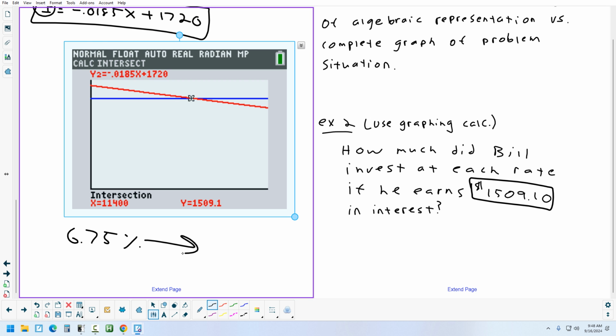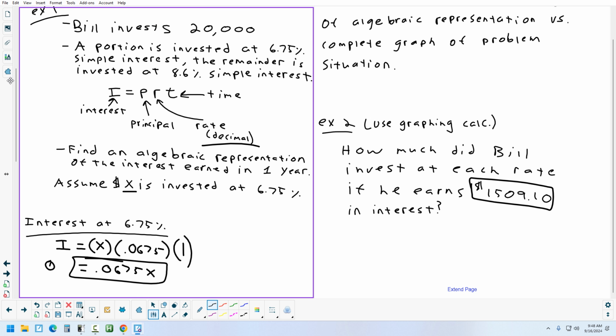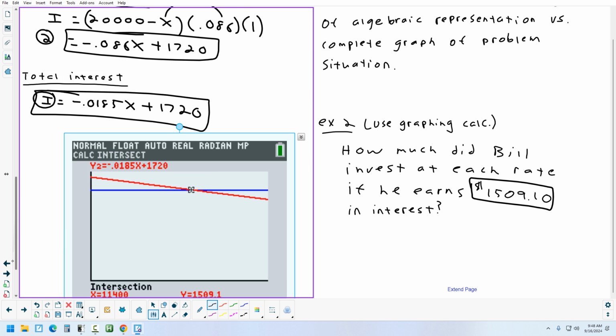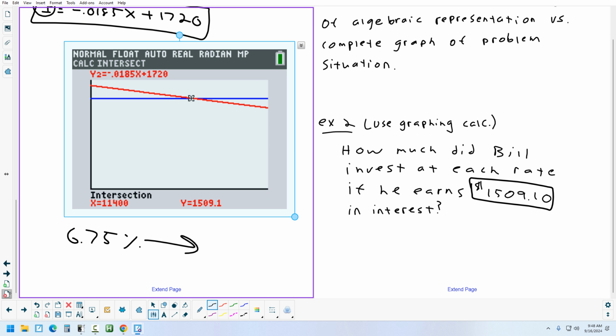This is the equation that we got left with. So we need a number now, a number with a dollar sign on it. 11,400. Right, we just solved for x. X equals 11,400. If you go back up, it says x is the amount invested at 6.75%. So you always have to remember what x was.